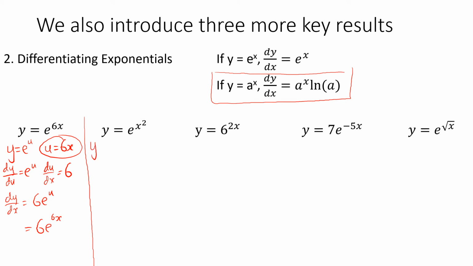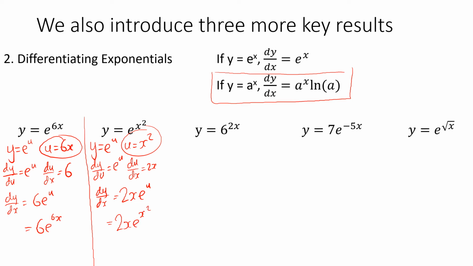So again, we'd say y is equal to e to the u, u is equal to x squared. Differentiate them both. So that's going to give us e to the u and 2x this time. Multiply them together, we'll get our dy by dx is equal to 2x e to the u, and then sub in our value of u, that's going to be 2x e to the x squared.